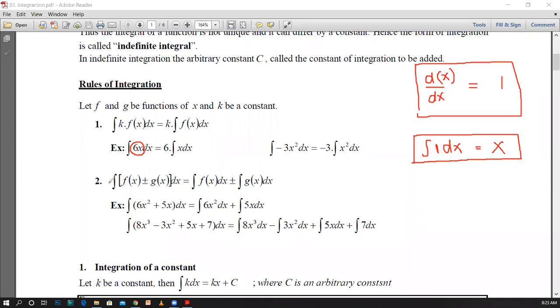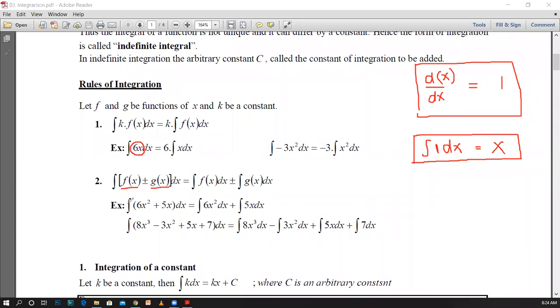If you need to obtain the integral of f(x) plus or minus g(x) with respect to x, you can perform the integrations for these two functions separately and then apply the appropriate arithmetic operation. If it is a plus sign, you use the plus sign, otherwise you use the minus sign.